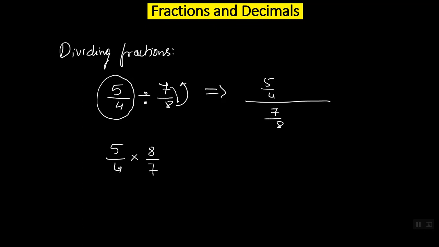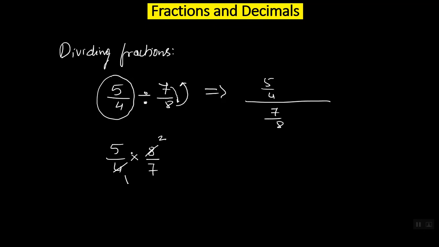If it is possible to simplify or reduce them, reduce it. If not, just multiply numerator with numerator and denominator with denominator. Okay, let's see what we do now. Because 4 and 8, 8 comes in the 4 times table, I have to do 4 divided by 4, which gives me 1, and 8 divided by 4, which gives me 2.